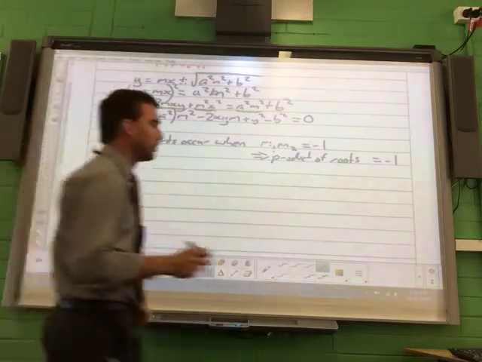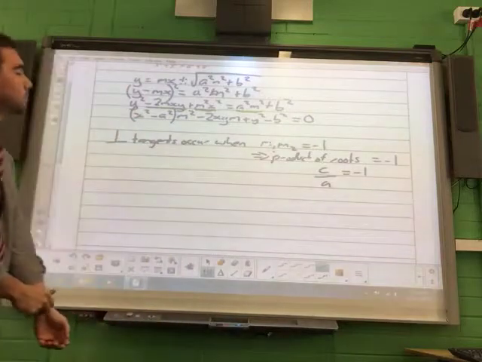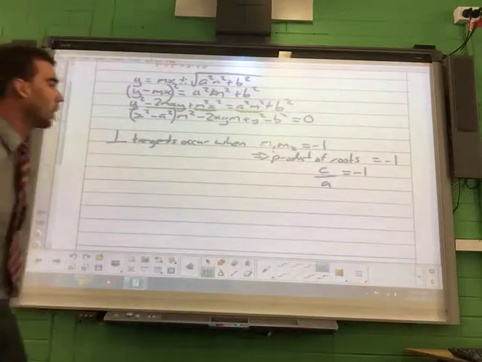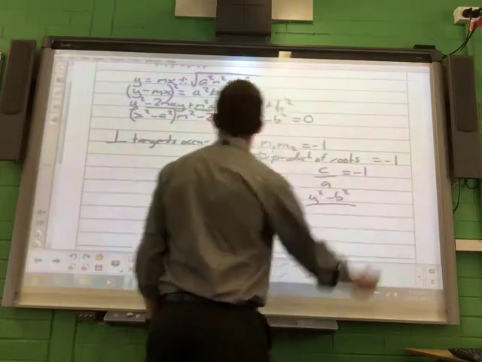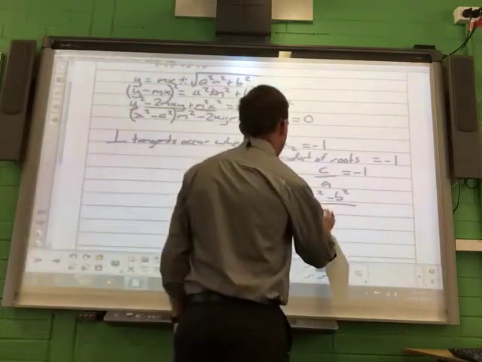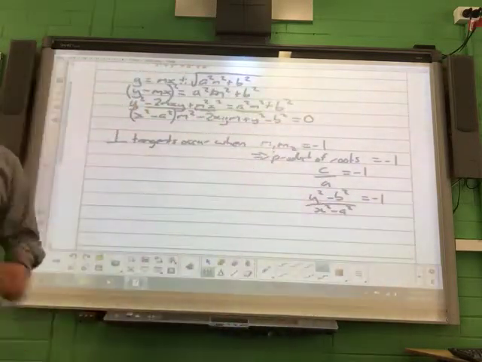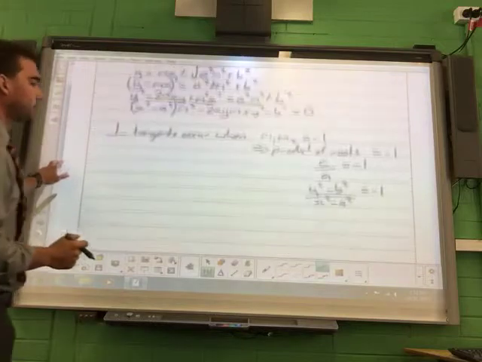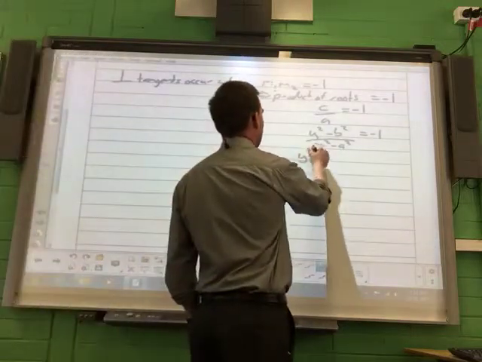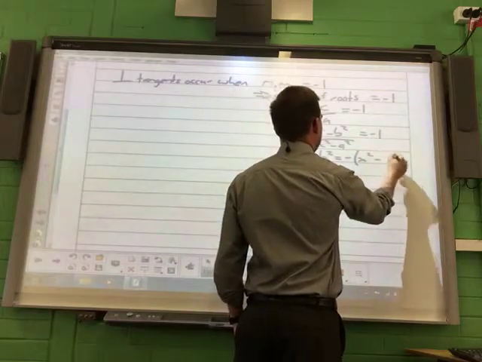C over A. So C over A is -1: y squared take away b squared, all over x squared take away a squared, must equal -1. So y squared take away b squared is negative of x squared take away a squared.